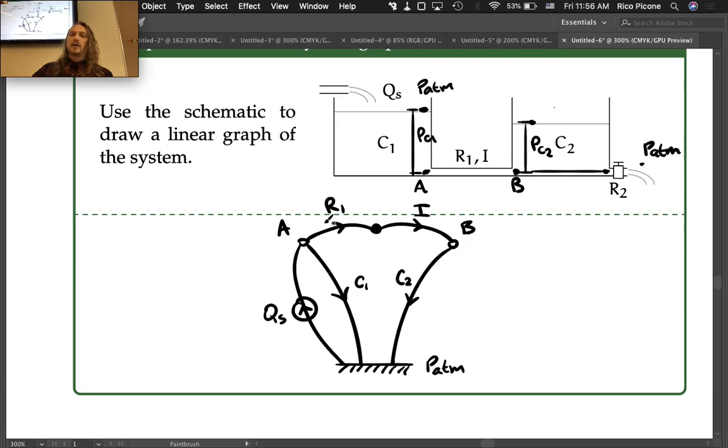But if you put them in parallel, it'd be like fluid could go through the resistor separately than it could go through the inertance. And that's not a great model of what is actually going on. And the fluid inertance is not going to have all of that volumetric flow rate in its energy storage, which it really would in reality. So I think that it's a better model to do them in series.